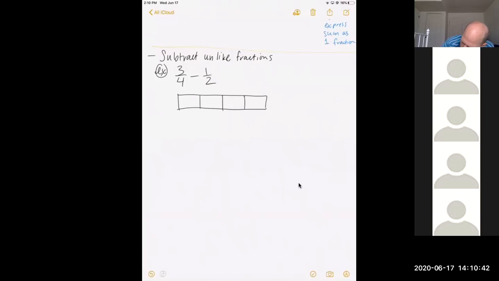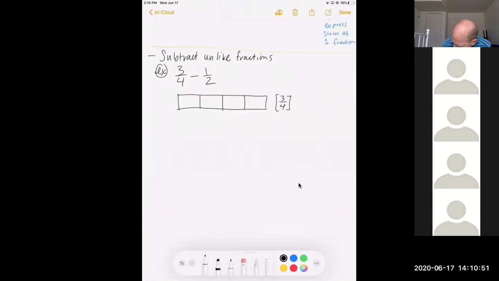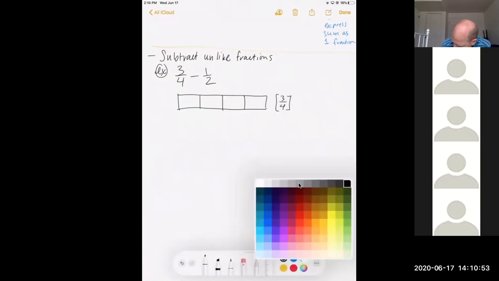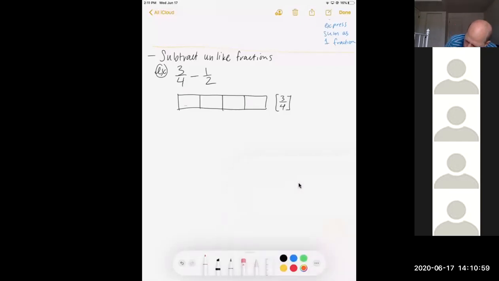So there's my 3/4 here. I've drawn in my fourth. I need 3 of them. Okay, there's 3 of them.